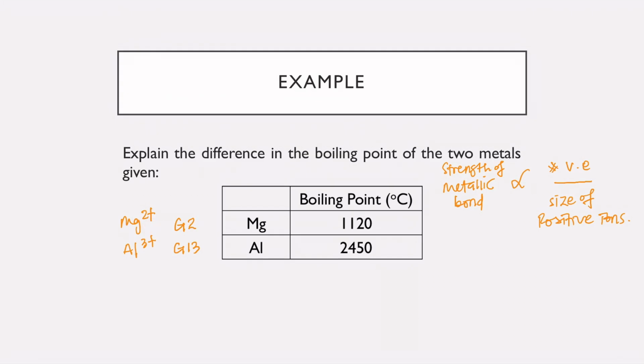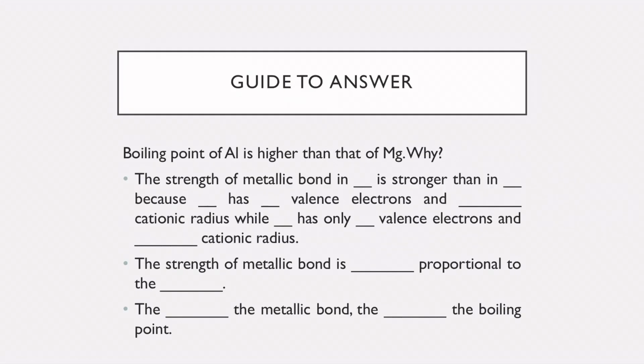So the strength of metallic bond is directly proportional to the boiling point. Therefore, the stronger the metallic bond, the higher the boiling point. Okay, because more energy is required to overcome the metallic bond. Okay, is that clear, guys? Boleh kan? Alright, sudah habis.